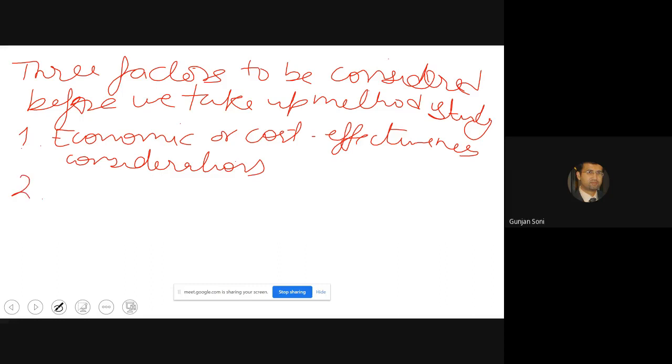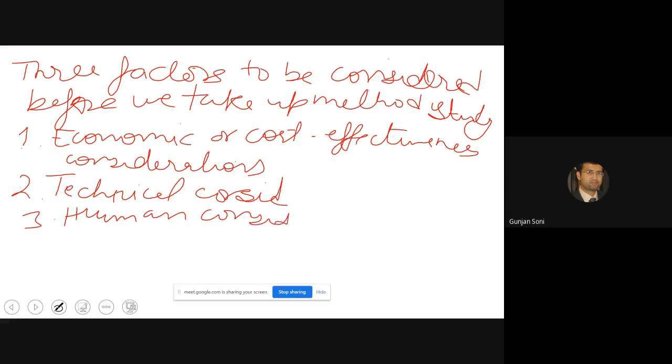The second one would be technical considerations, and third one would be human considerations. These are the three criteria. If any of the jobs satisfies a criterion, we can take up that job.